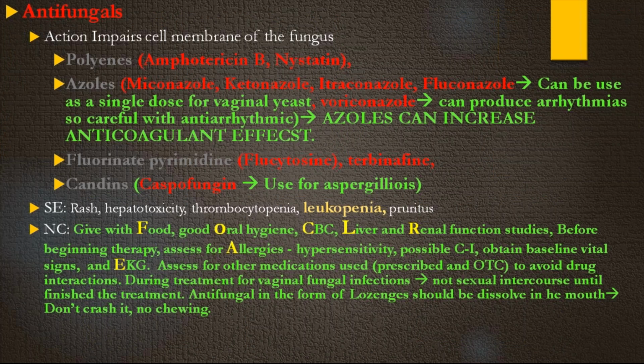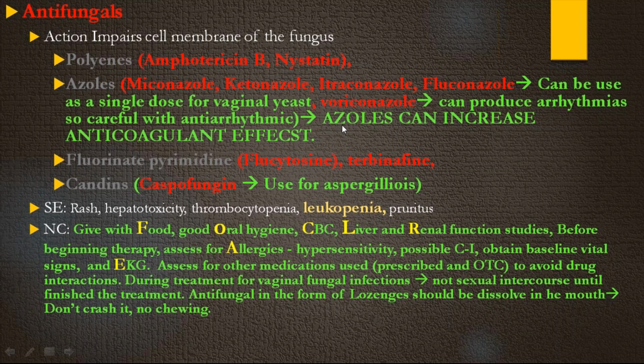So let's continue talking about antifungals. What I want you to remember, we have all these azoles. They can be systemic or superficial. One of the things I want you to remember is mostly the azoles. In general, antifungals, the azoles, one of the most commonly used, are going to increase the anticoagulant effect.